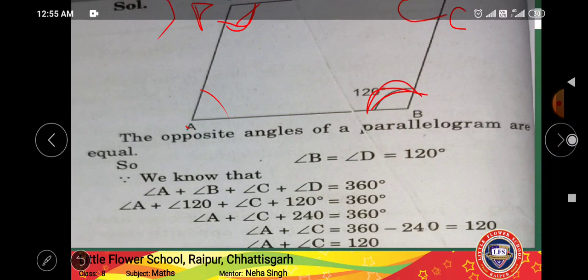So A plus B plus C plus D will be 360 degrees. Now since B is 120 degrees, D will also be 120 degrees. Why? Because opposite angles in a parallelogram are equal, right? So angle B will be equal to angle D.